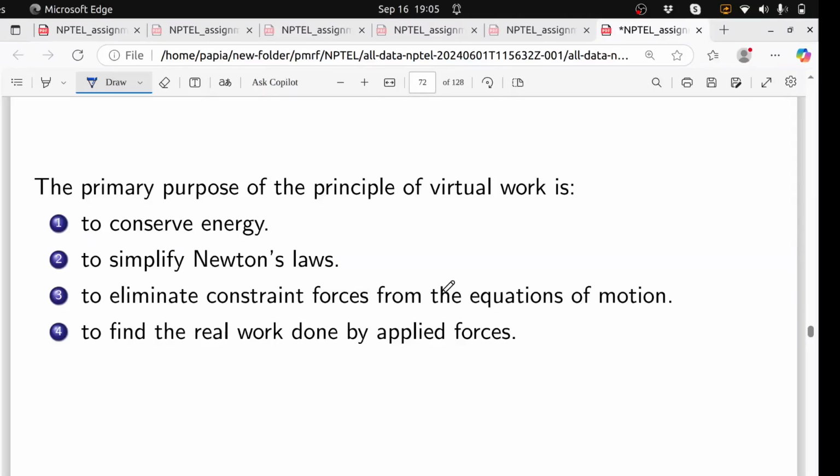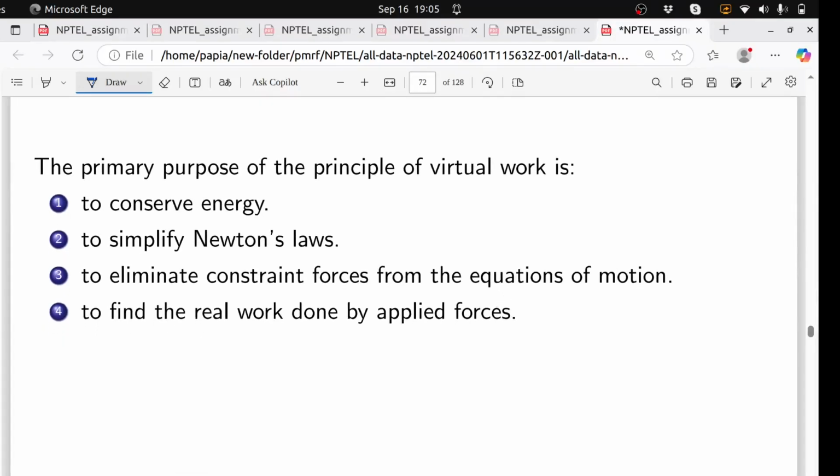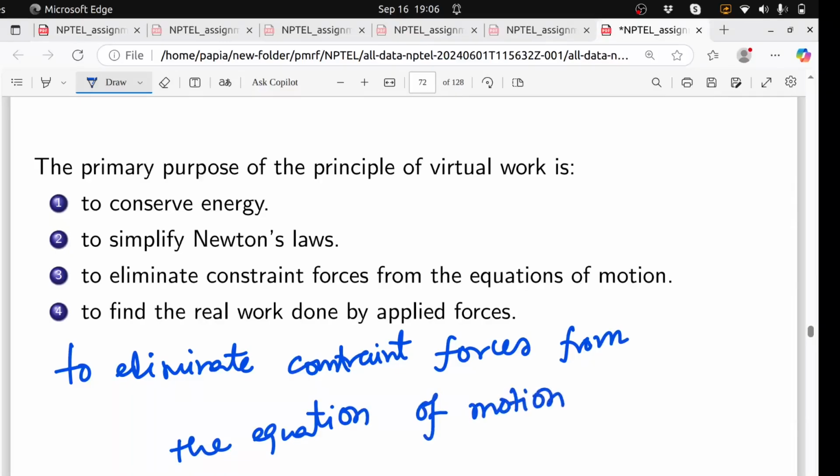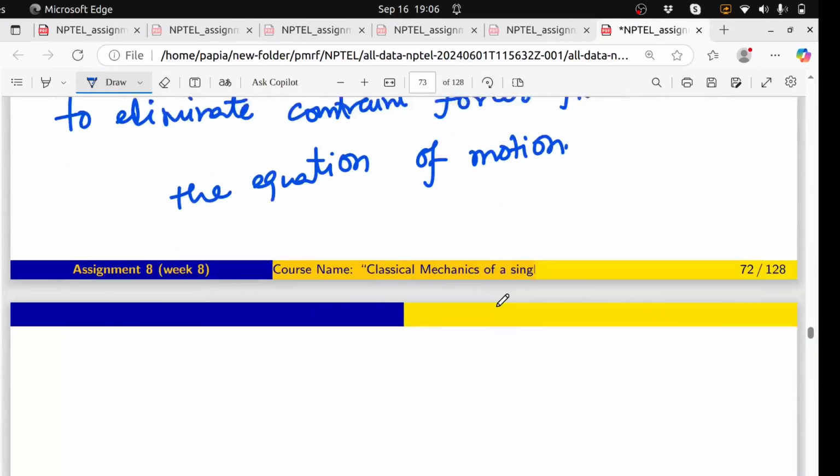So from these options we can say that the correct option will be to eliminate constraint forces from the equation of motion. How? That is the main goal, right?